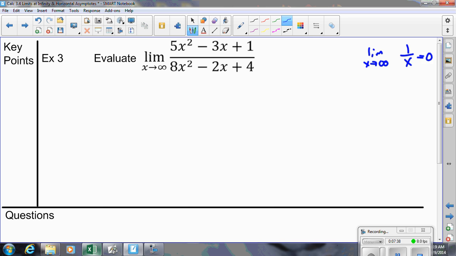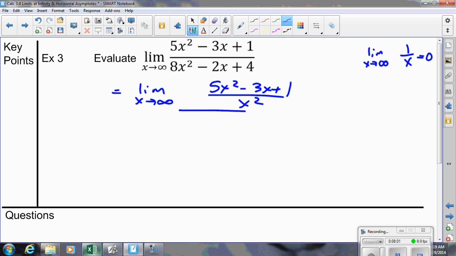The biggest exponent we have anywhere here is a 2. So what we will do is take every single term and divide by x squared. When we rewrite this, we're taking this limit and having 5x squared minus 3x plus 1 over x squared, all over 8x squared minus 2x plus 4 over x squared.